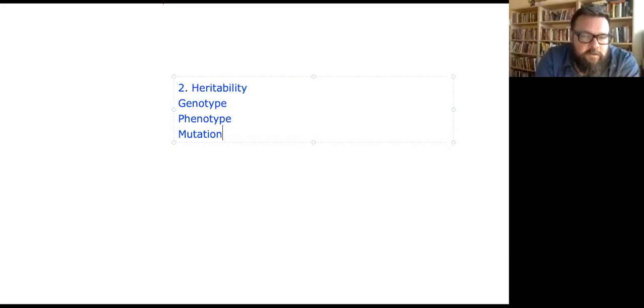Sometimes that genotype change doesn't have an effect on phenotype at all. Sometimes it makes the phenotype unviable, so that the actual body, the organism that gets made, can't survive. And very, very rarely, the mutation will lead to an even better version of a trait or to a new trait altogether. Okay?